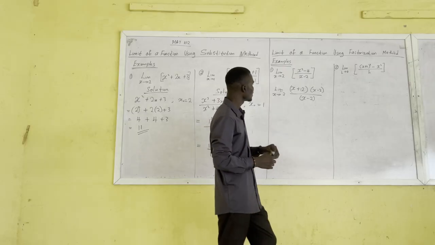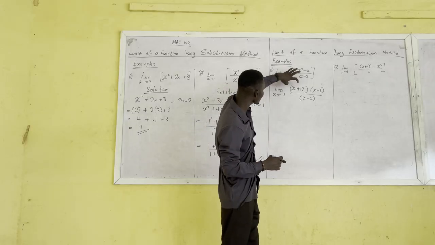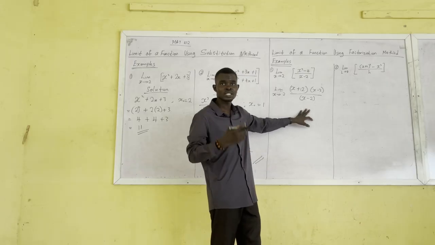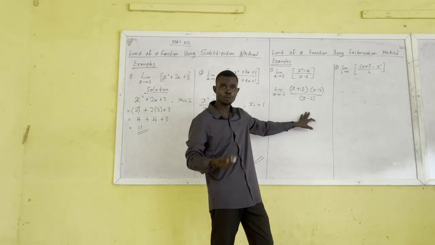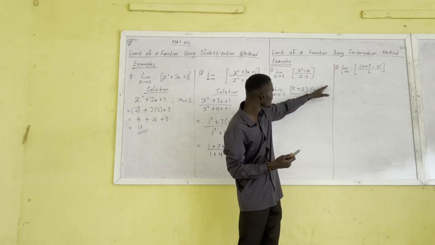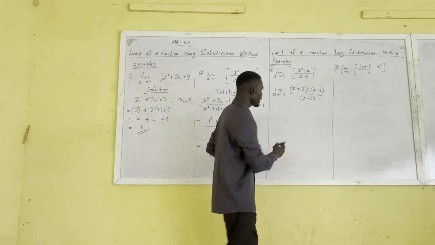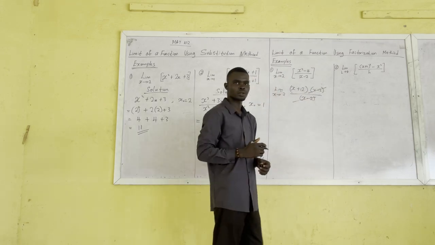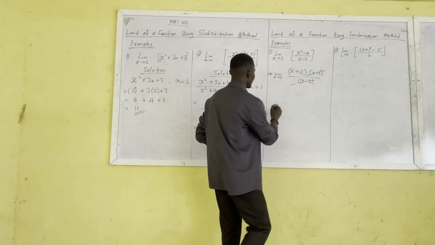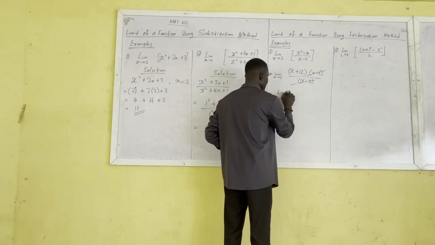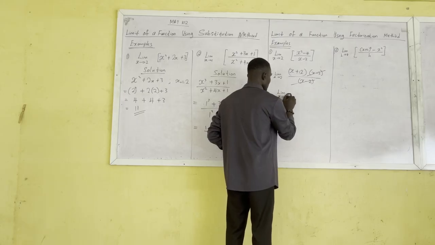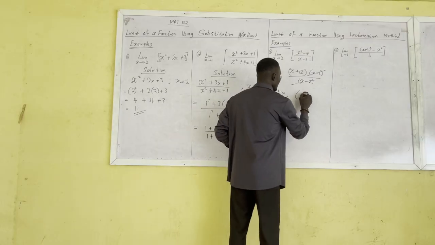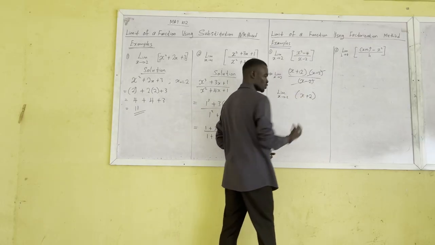So from here, we can see that a factor of the numerator is the same as the denominator, which makes it possible for us to rule out this part. I will say the denominator rules out this part of the numerator. Now we are still limiting the expression as x tends to 2, but we are left with x plus 2.